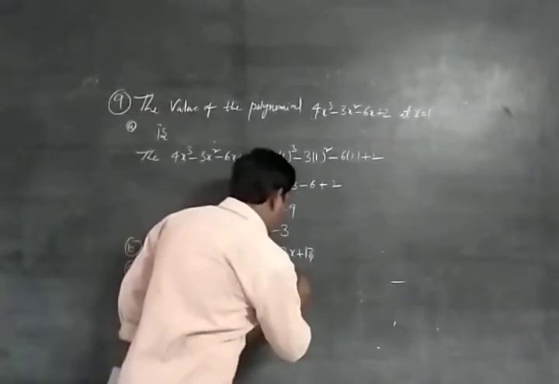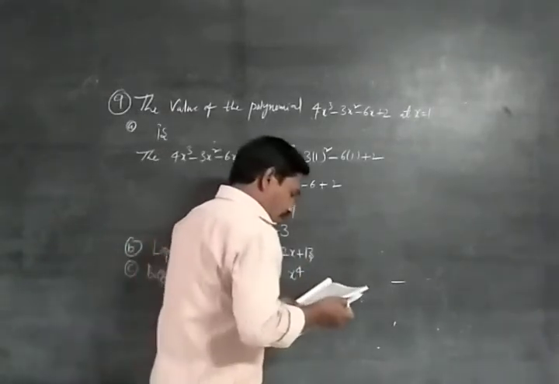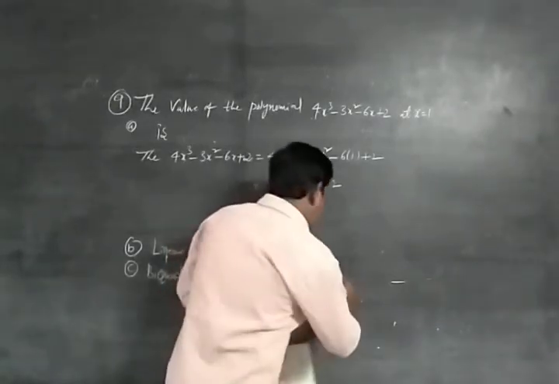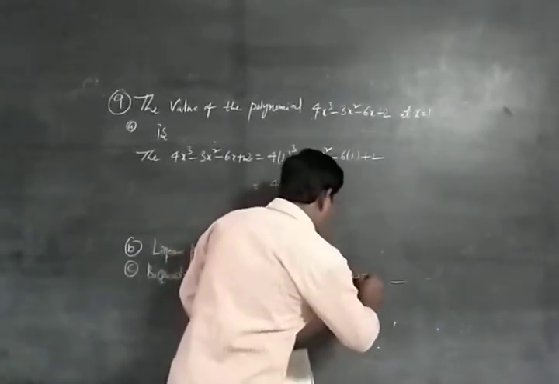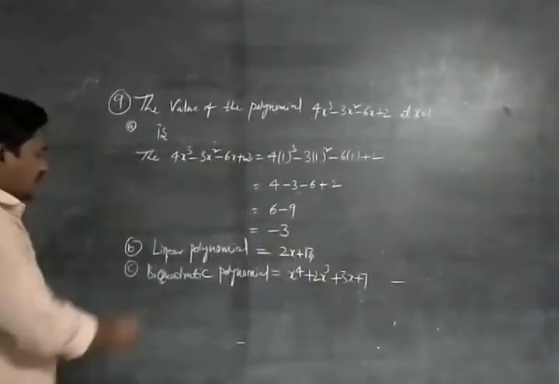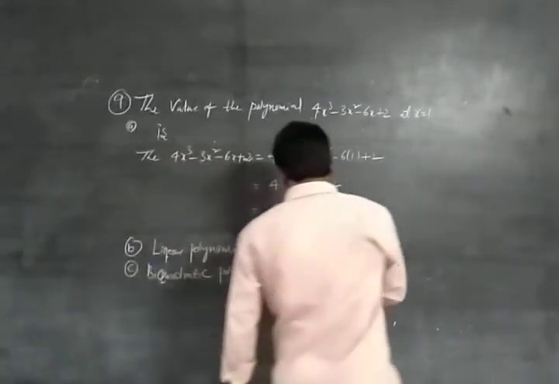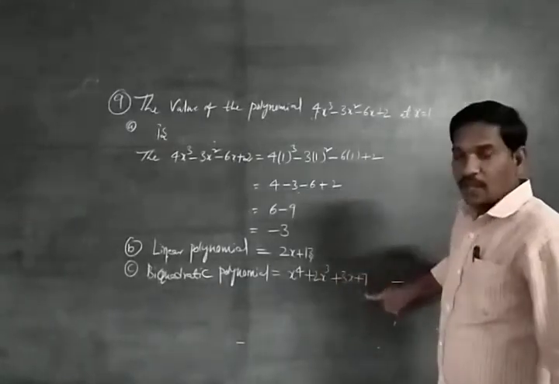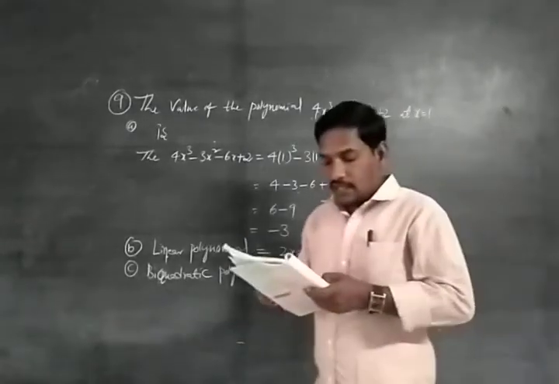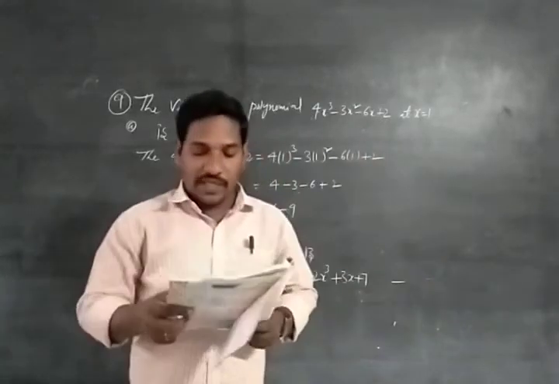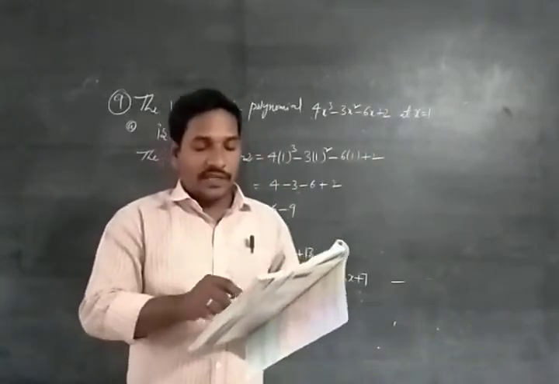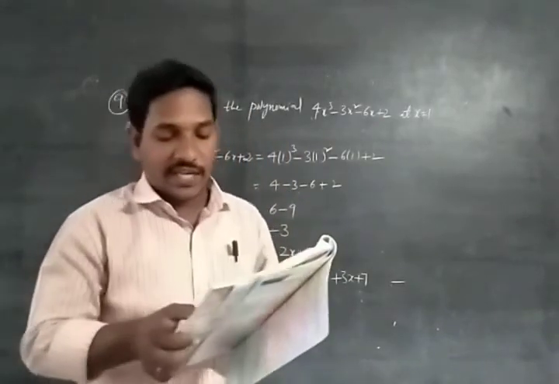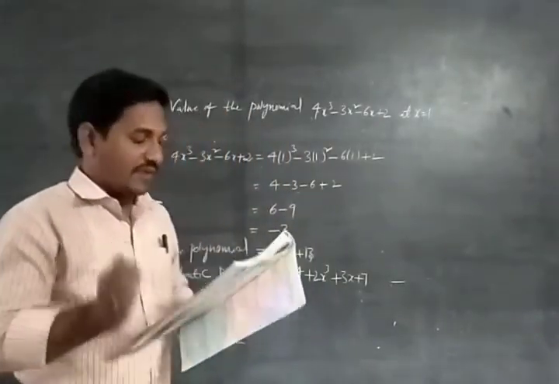X power 4 plus 2x cube plus 3x plus 7. So this is the biquadratic polynomial. And the standard form of the polynomial is, so it is in order, so we have to write in order: x power 4 plus 9x cube plus 8x square plus x minus 7.